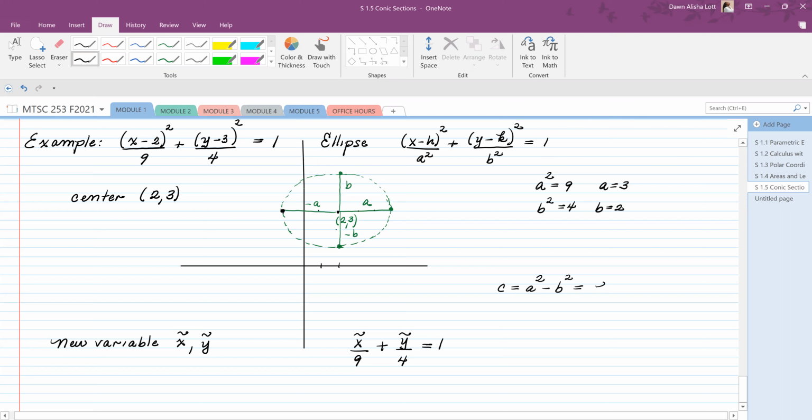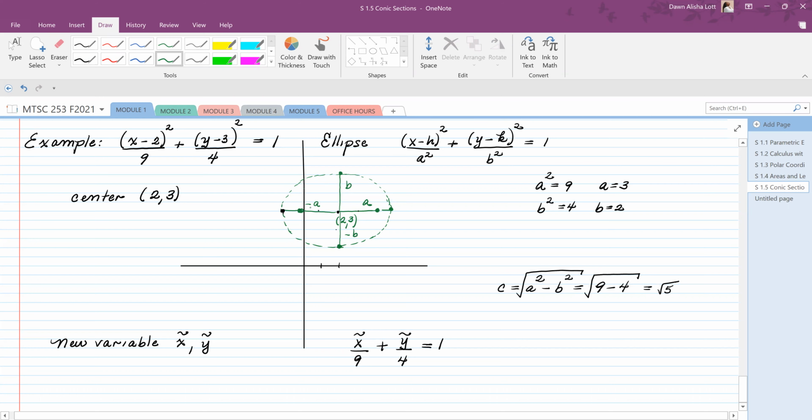A squared is 9, b squared is 4. So C is the square root of 5. Square root of 5 is like 2.2 actually. So my foci are like that.